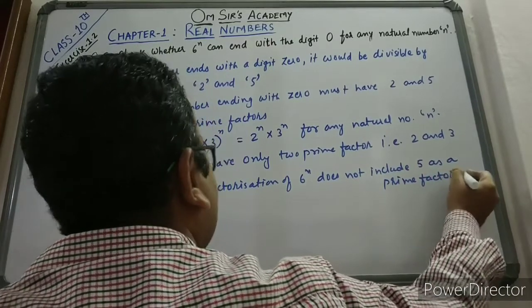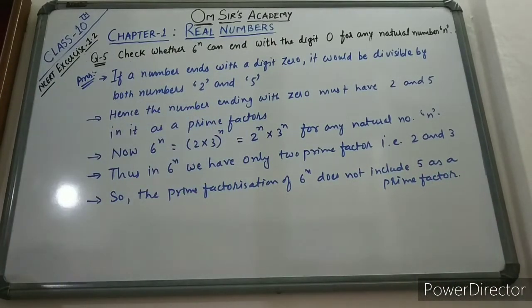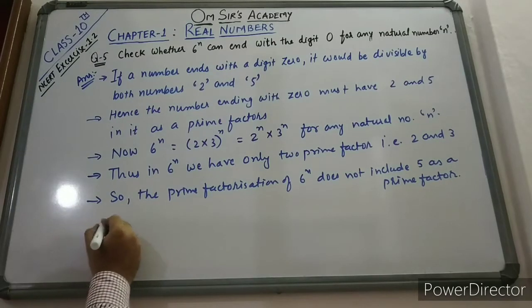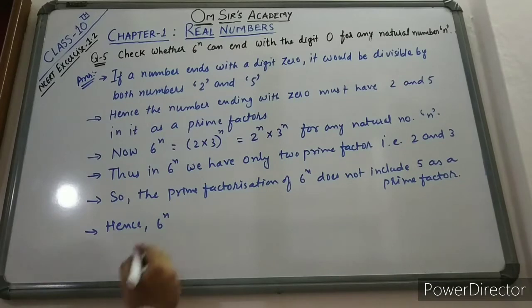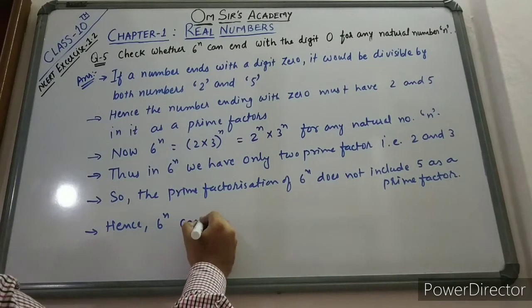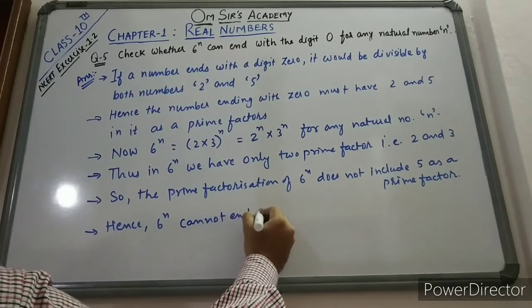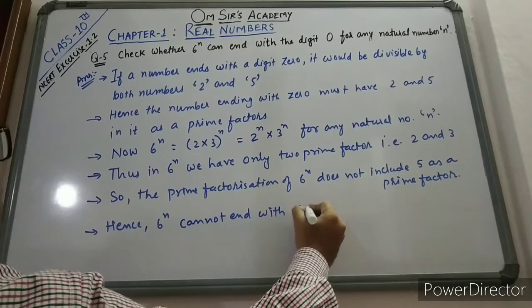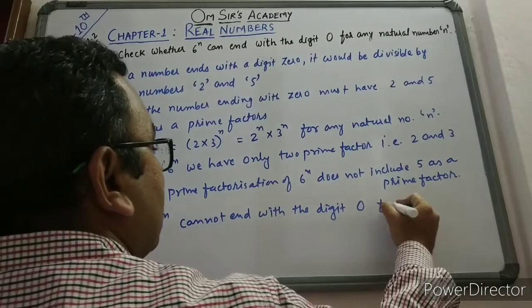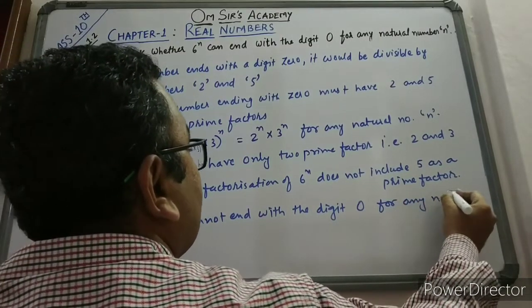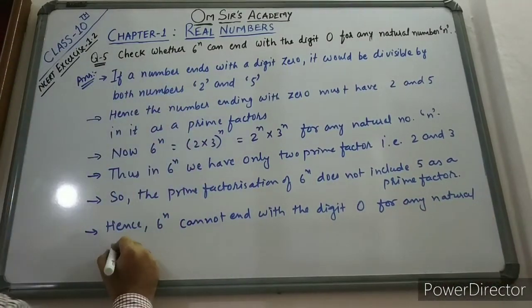So 5 is not included as a prime factor, and hence we can say that 6 raised to n cannot end with the digit 0 for any natural number n.